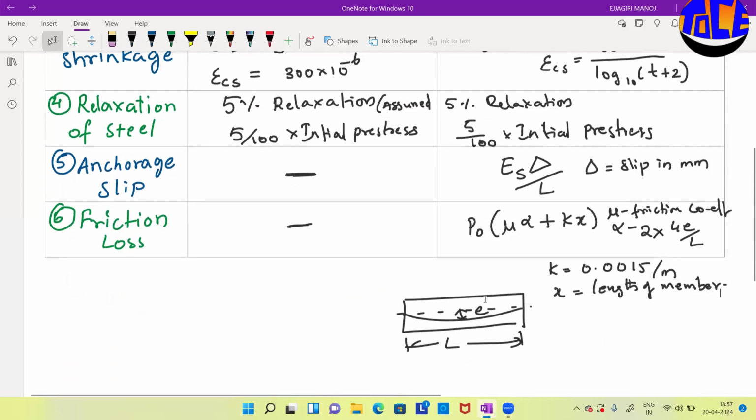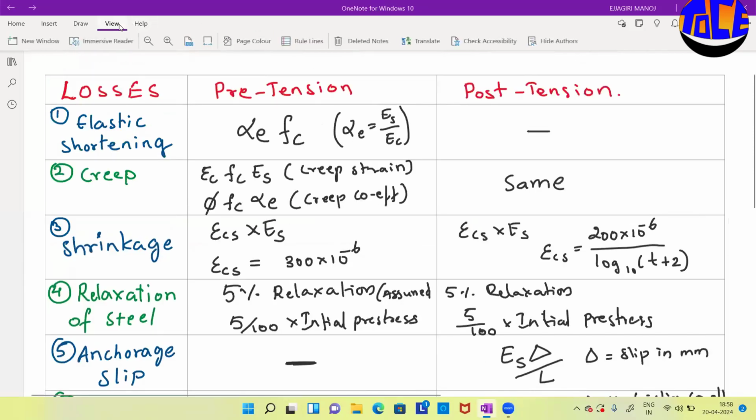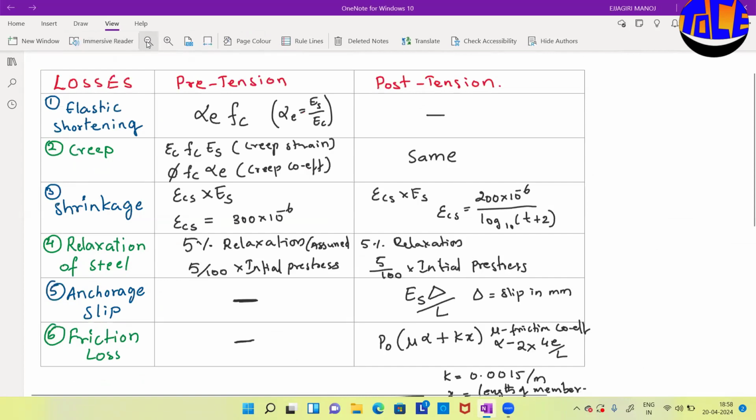Once again I will show you the entire formulas. Remember, in pre-tension you will have only four losses: elastic shortening, creep, shrinkage, and relaxation. Whereas in post-tension you will have five: the creep, shrinkage, relaxation, anchorage slip, and friction.